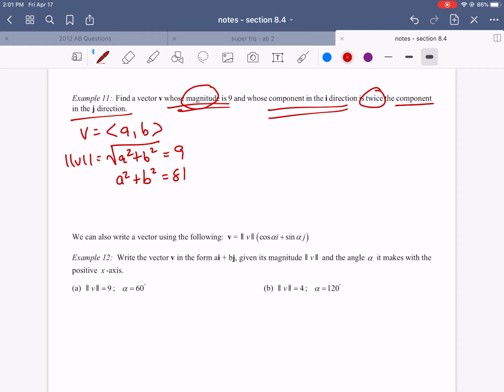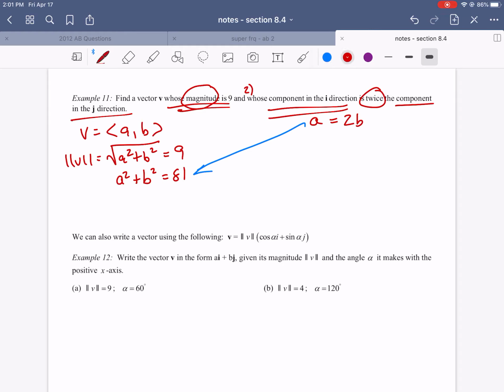Now I'm going to use the second part of the problem, which is starting with whose component in the i direction. Well, the component in the i direction, which I've called a, is twice the component in the j direction, which is called b. So we now have the second equation, a is equal to 2b, and I'm now able to substitute that into my first equation.